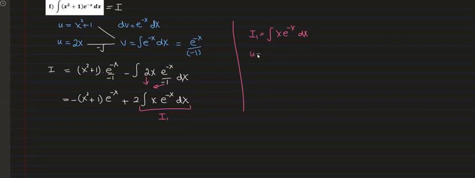So we call u the x and dv the e to the power of negative x. Of course, always choose dv as the exponential, because its integral is very easy. We can get it simply: if we have the integration of e to the power of ax plus b, we say directly that this is e to the power of ax plus b over a.